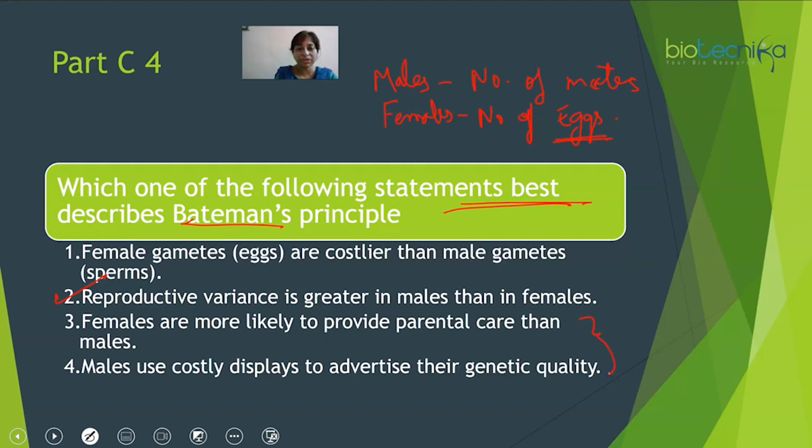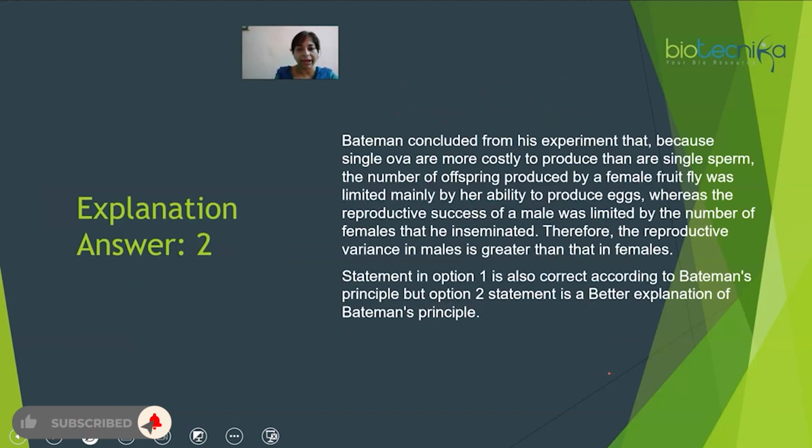Because Bateman's principle talks about the mating behavior of males and females in organisms. Bateman concluded from his experiment in Drosophila that because single ova are more costly to produce than a single sperm, the number of offspring produced by a female fruit fly was limited mainly by her ability to produce eggs, whereas the reproductive success of the male was limited by the number of females that he inseminated.